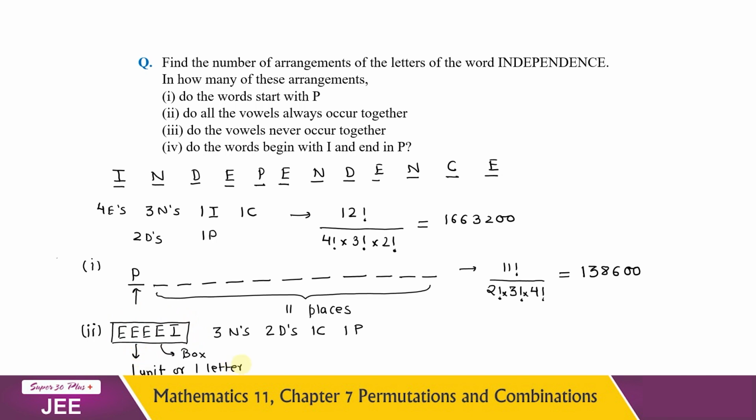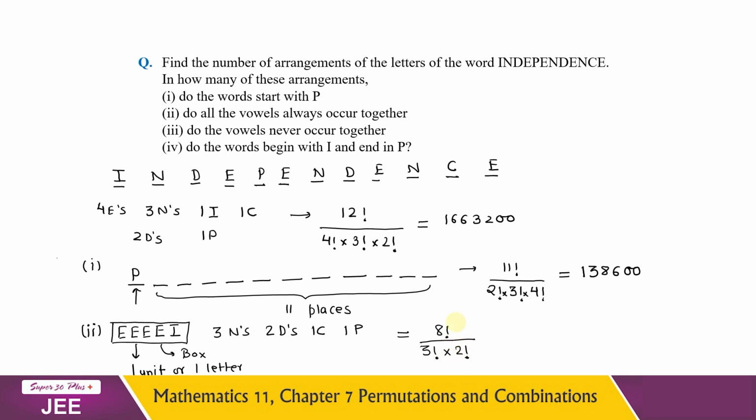So in total we have 3 plus 2 plus 1 plus 1, which gives us 7, and over here I have one letter. So in total we now have 8 letters, and these 8 letters can be arranged in how many ways? 8 factorial divided by, because of these 3 we have to divide by 3 factorial, because of these 2 we have to divide by 2 factorial.